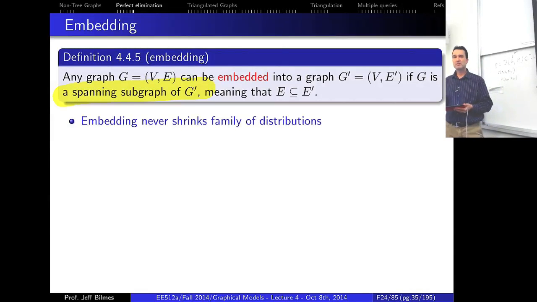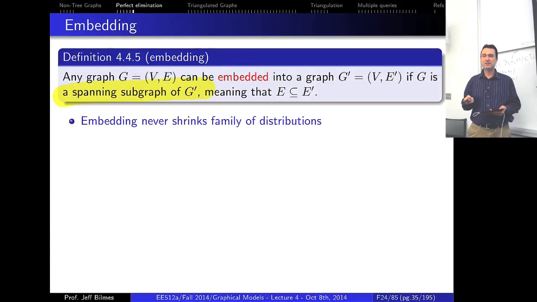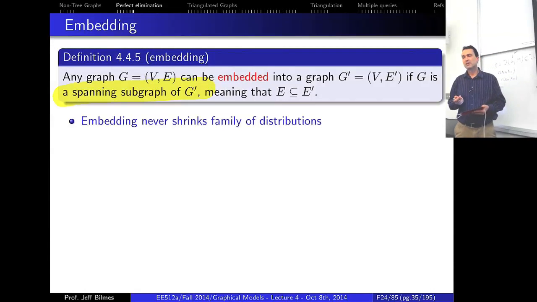Now, if you've heard the term spanning tree before, it's the same spanning. It's basically a spanning subgraph that happens to be a tree. That's called a spanning tree. It basically means that you have the same set of vertices but a subset of the set of edges where the edges constitute a tree. But in general, that terminology is used to convey the notion of a subgraph as well as just a tree.